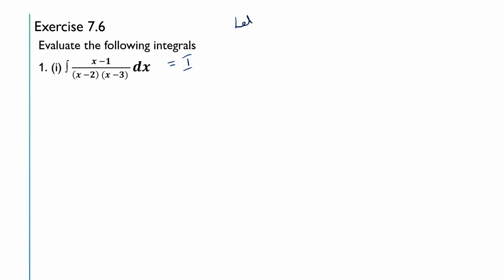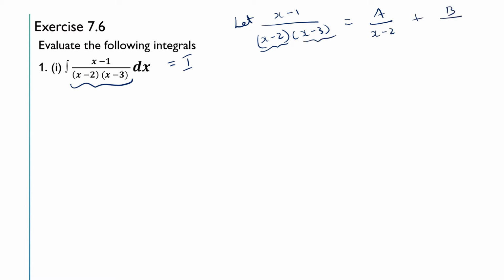Now let us take this integrand, (x minus 1) upon (x minus 2) into (x minus 3), as a divided by the first factor x minus 2 plus b divided by x minus 3.